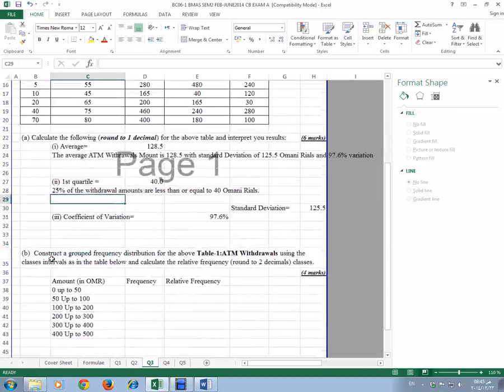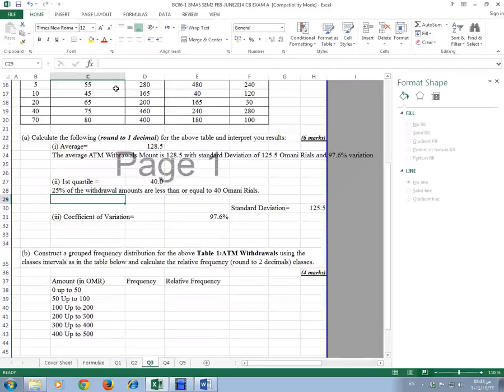Next question for ungrouped data, here is to group the data. And here we give you the classes starting from 0 to 50, 50 to 100, 100 to 200, 200 to 300, 300 to 400, 400 to 500. The question is construct a group frequency.